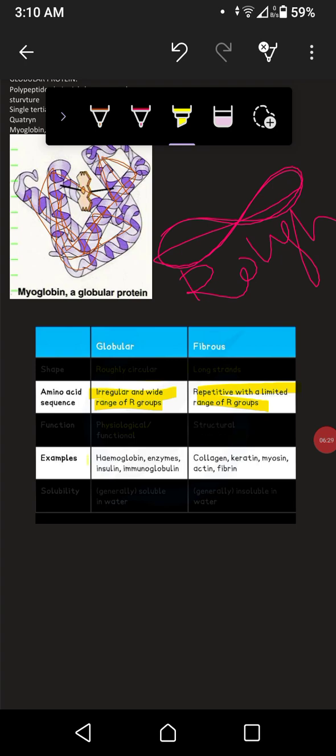Examples of globular are hemoglobin, enzymes, insulin, immunoglobulin, or myoglobin. Fibrous examples are collagen, keratin, myosin, actin, and fibrin. If we talk about solubility, globular is soluble in water, as our blood is, and fibrous is insoluble in water.